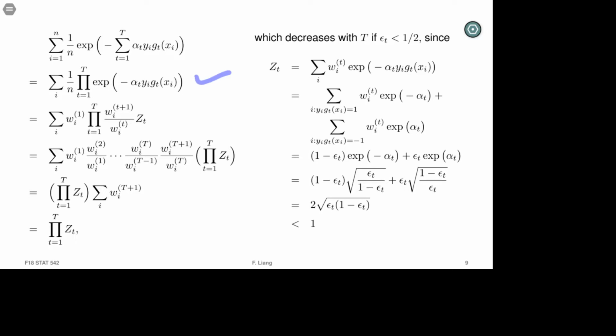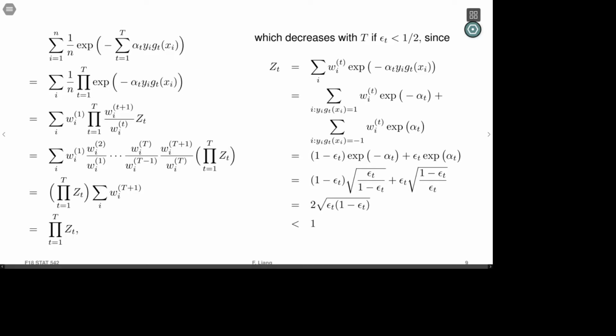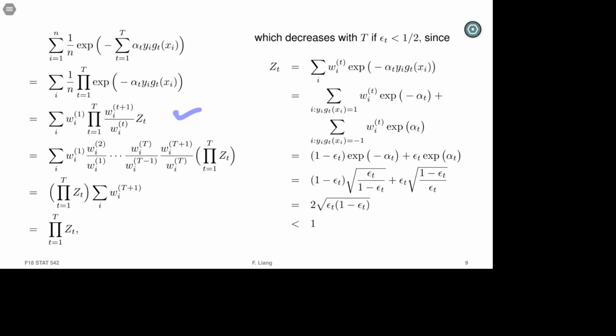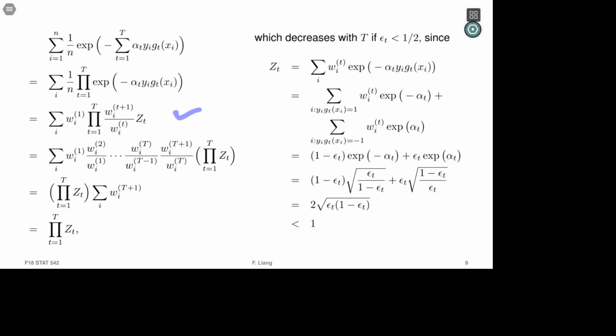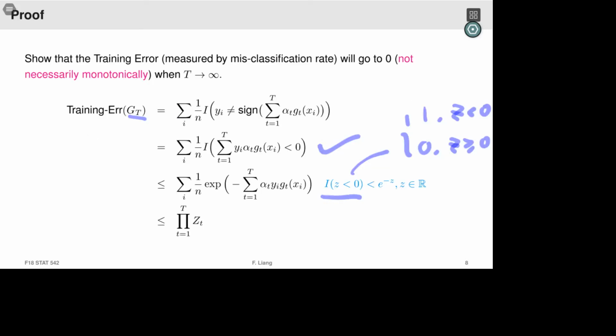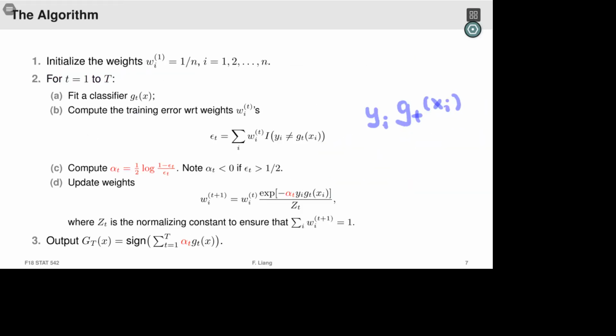And then this one is a bit, it's not too difficult, you have to think about this exponential. This exponential actually appeared in our algorithm before. We have something like alpha t yi times the function g_t of xi. And that term, the exponential, appeared in our weight calculation.